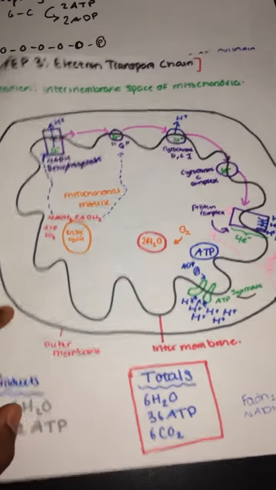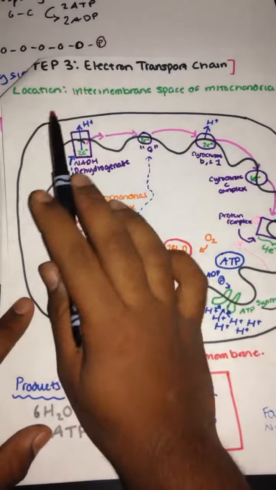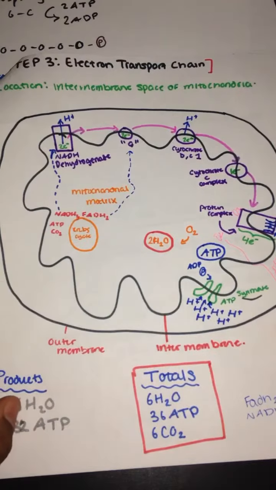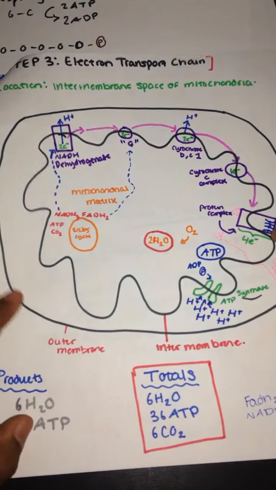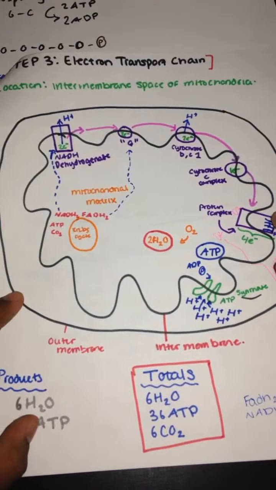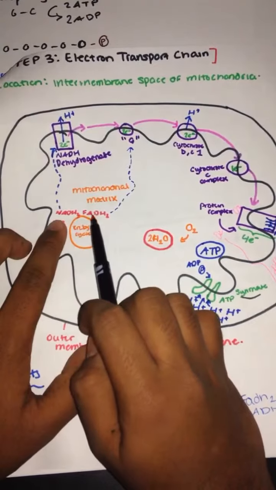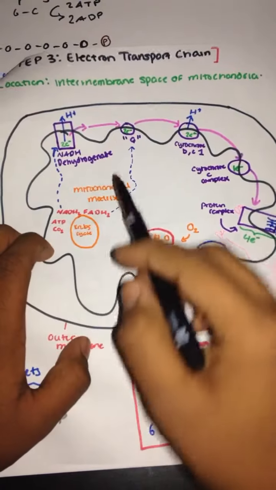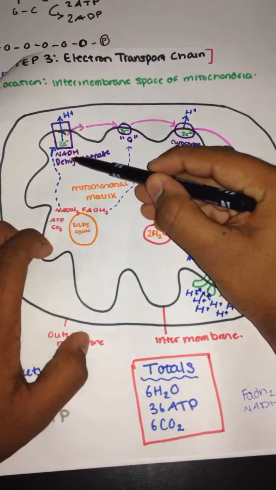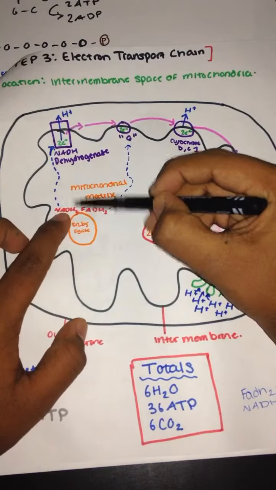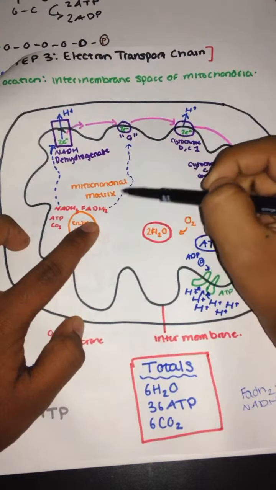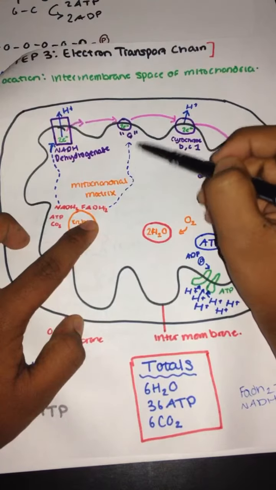Okay, and so then you have the electron transport chain, whose location is the inner membrane of the mitochondrion. So, from the Krebs cycle, you have NADH and FADH2, which are electron carriers. Now, what they're going to do is they're going to take the electrons to either NADH dehydrogenase, that's where the NADH takes them, or FADH2 will take it to the ubiquinone, which I just abbreviate as Q.